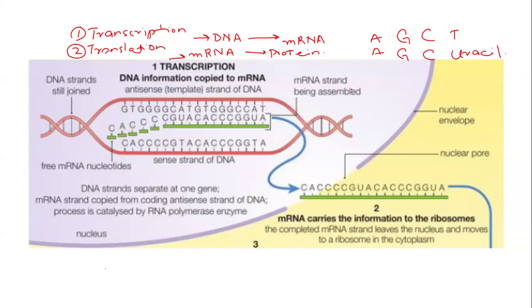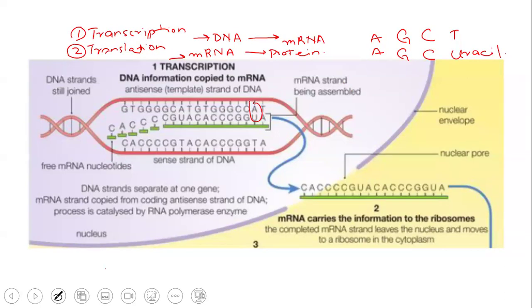It's a replacement. So in the RNA, the adenine will not make a bond with thymine, because RNA does not have any thymine. It will make a bond with uracil. That's the first difference between DNA and RNA.